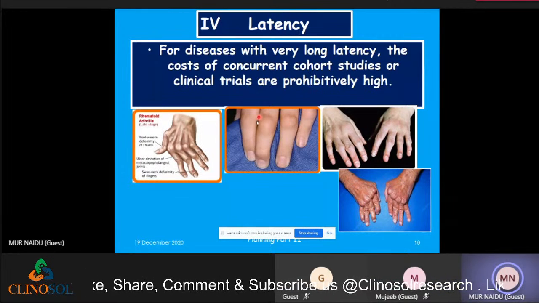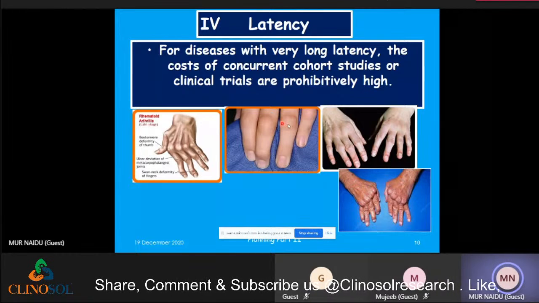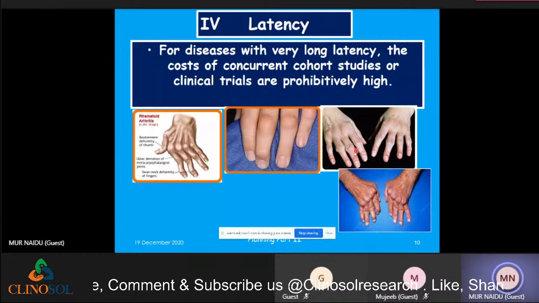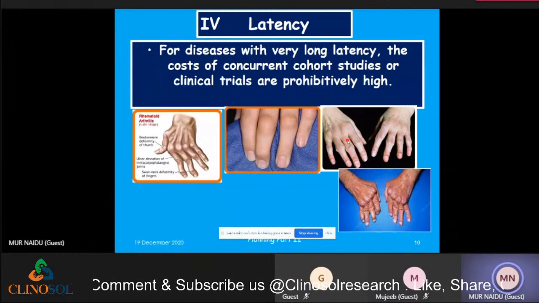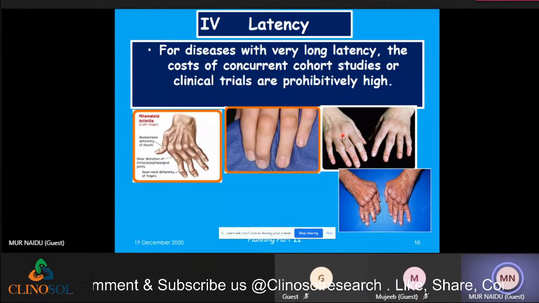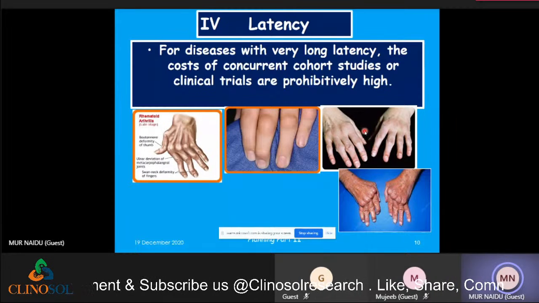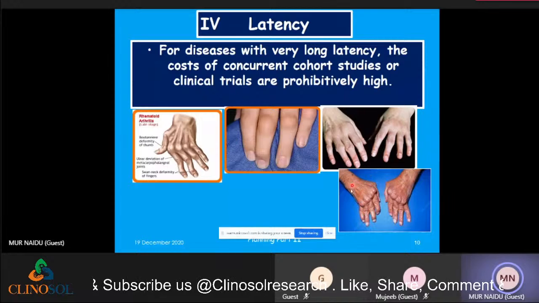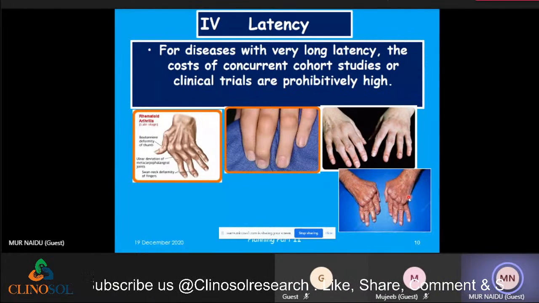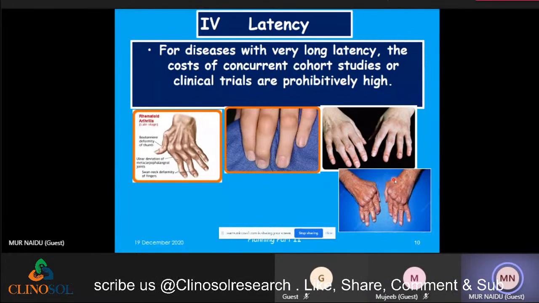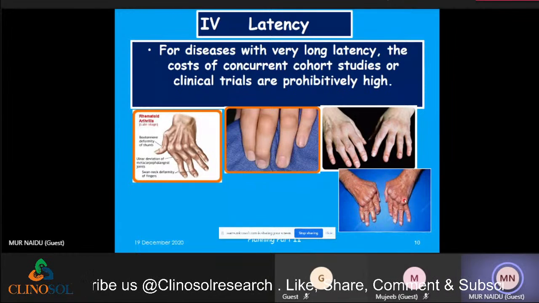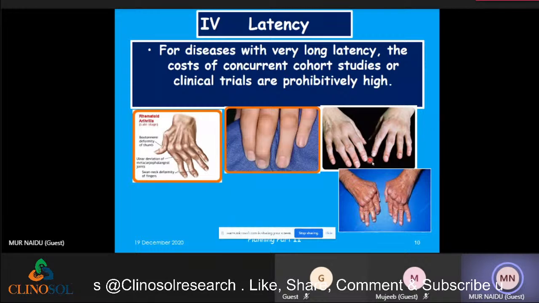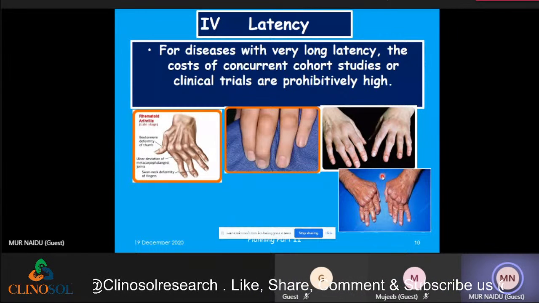Slowly this will increase after 6 months or so, and after 1 year he will develop a deformity. If it is not properly treated, after 3 or 4 years, he will develop a very classical type of deformity. This is rheumatoid arthritis deformity. It starts like that and continues for 3 to 4 years.